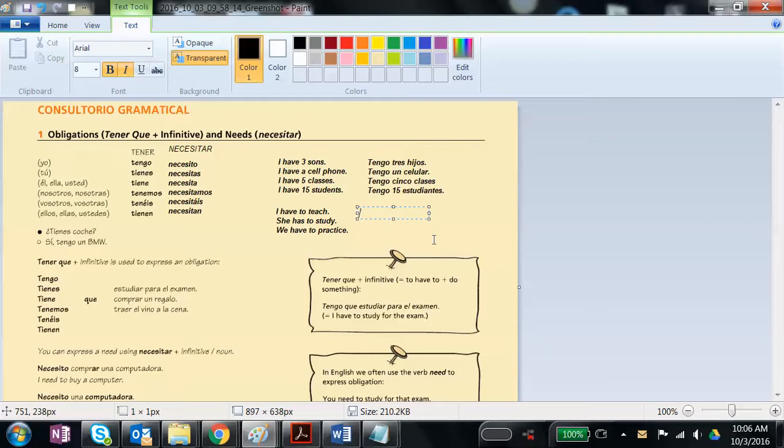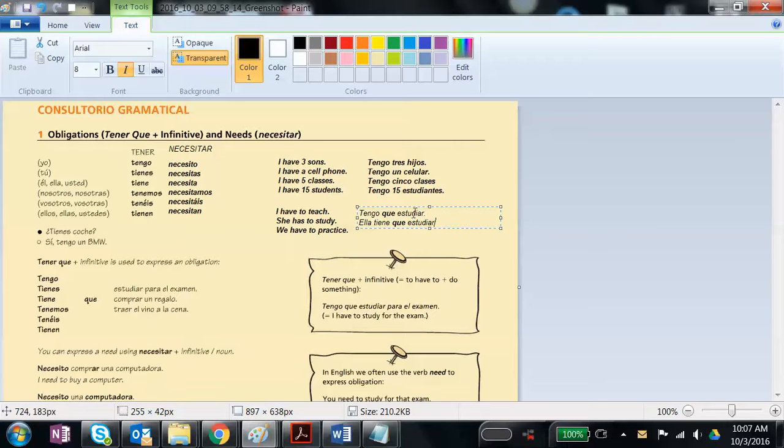Tengo que estudiar. Okay, and she has to study would be ella tiene, because we're going to do the tener for ella, que estudiar.